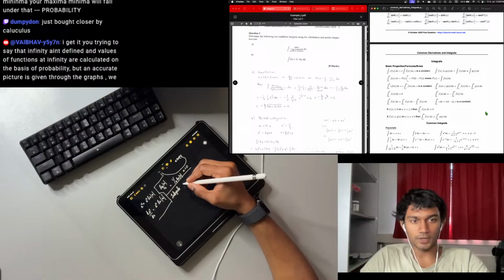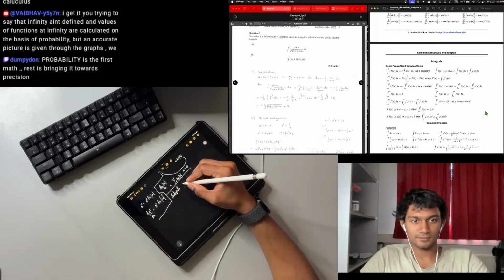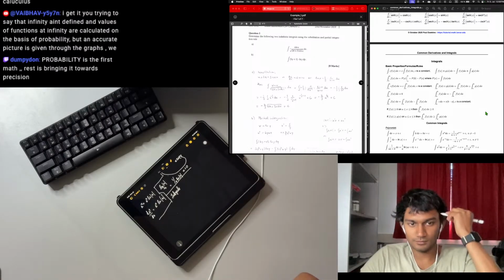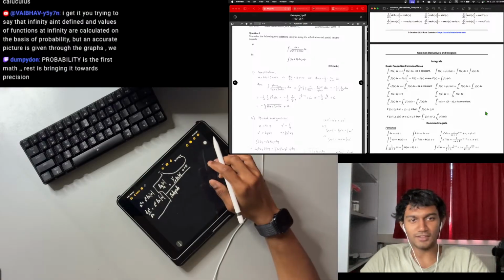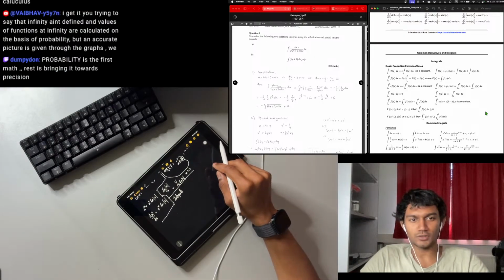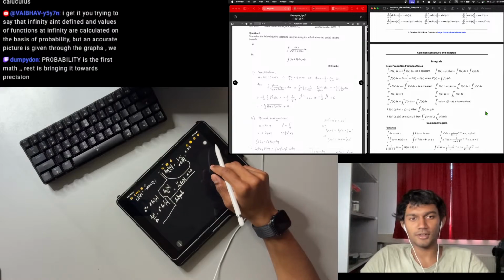Vaibhav came up with the response. I get it, you're trying to say infinity isn't defined, and values of functions at infinity are calculated on the basis of probability. But an accurate picture is given through graphs.